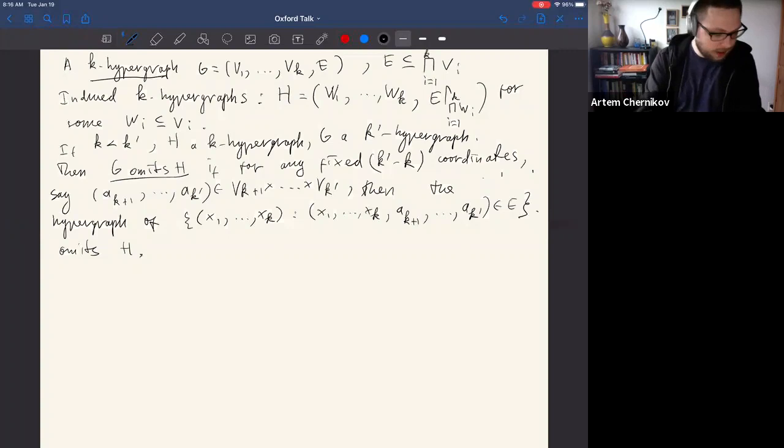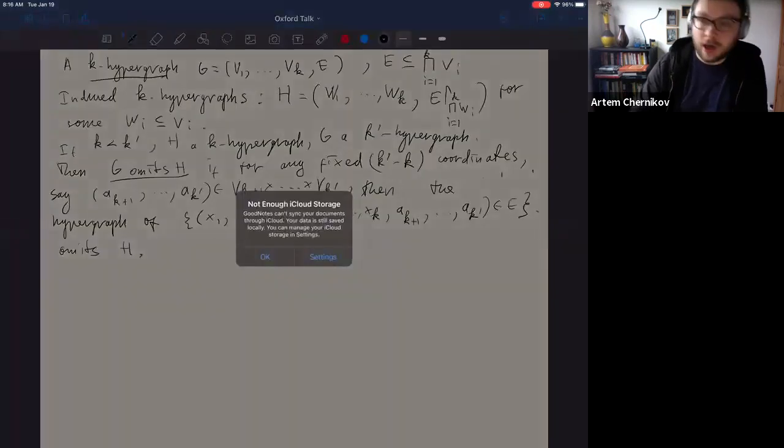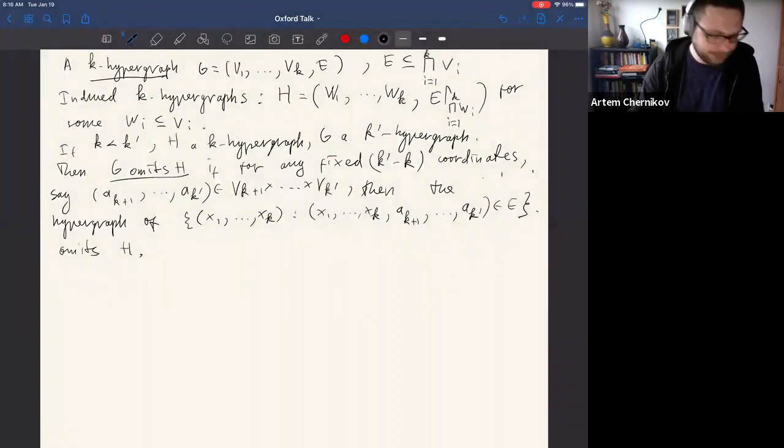All right, and so the last thing I want to define for the hypergraph terminology are the so-called cylindrical cells.